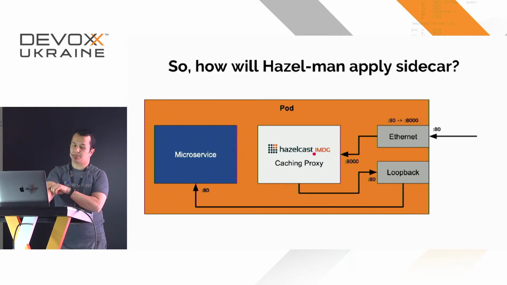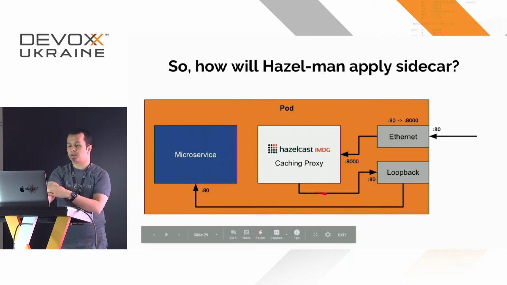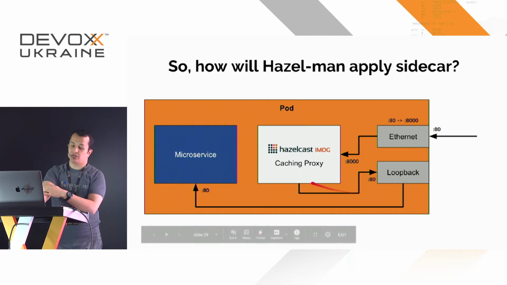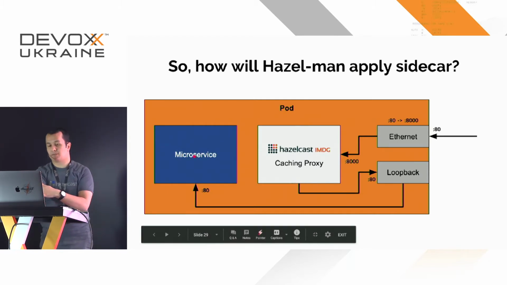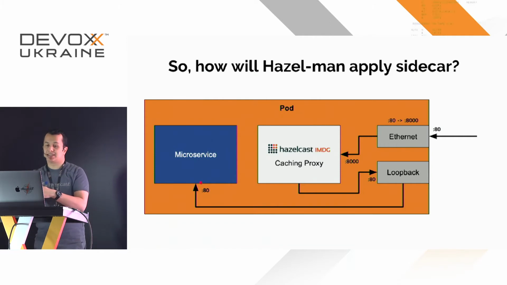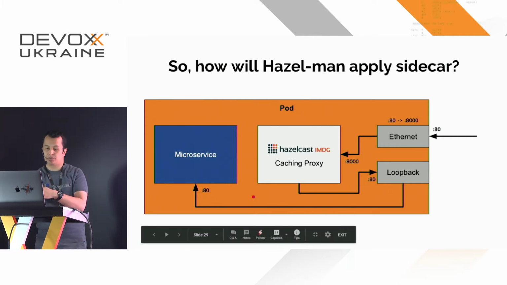The Hazelcast IMDG caching proxy application will listen at 8000, and it will check if the cache exists, if it's a cache hit or miss. If it's a miss, then it will forward the request to the loopback, where our main microservice application is listening at port 80.